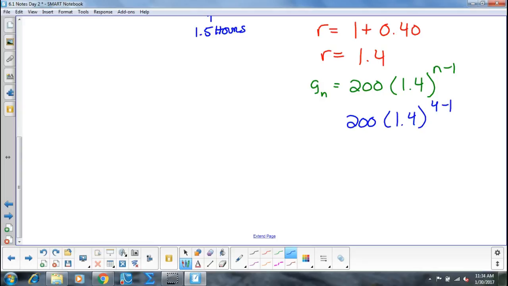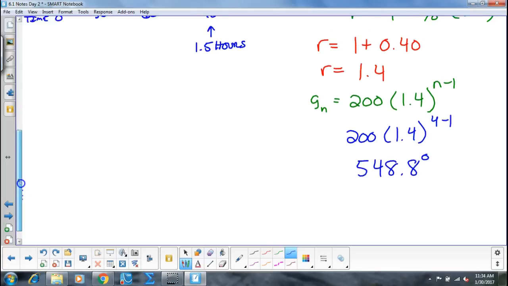No, no, 10 times the power. And then multiply that times 200. 548.8 degrees. Is that 550 degrees? No. So it will not make it.